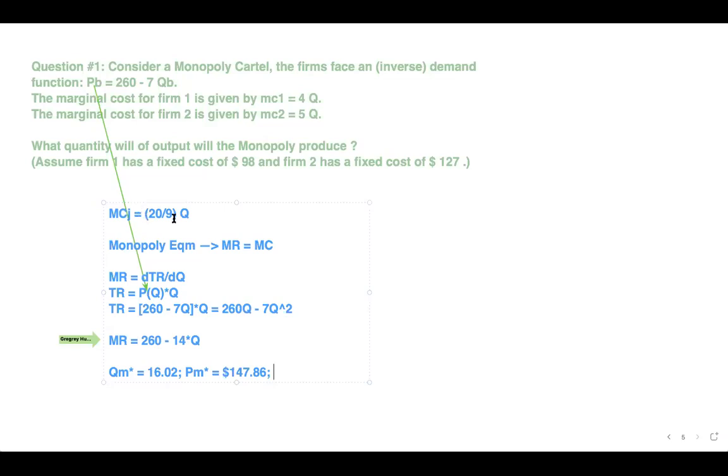So at that particular quantity, marginal revenue and marginal cost are equal to one another. So it's an equilibrium level of MC star is equal to MR star. They have the same value based on the way that we constructed our solution. But what is that value?